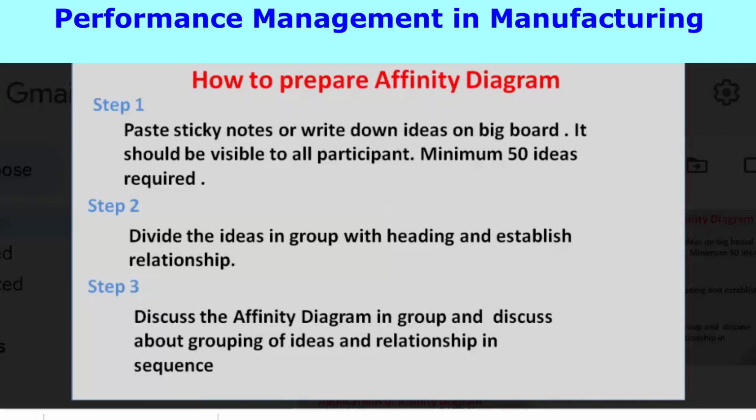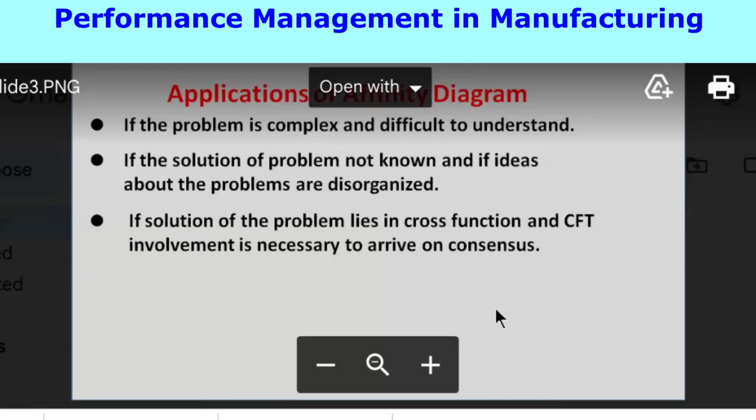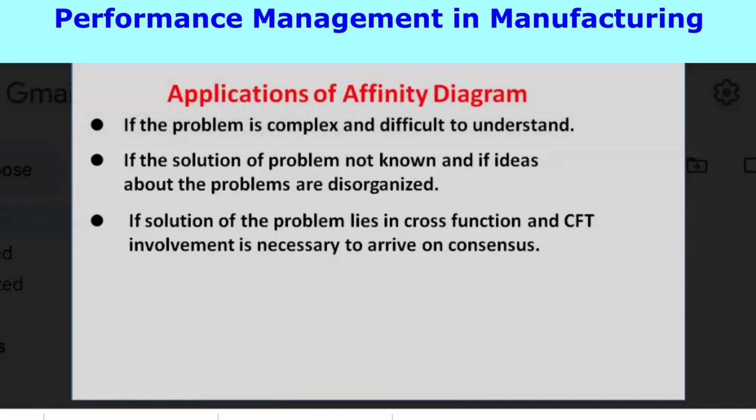So you will understand the sequence in which the process is performed and what the interrelationship of these ideas is. In this way you can generate the ideas, group them, and interrelate them. These are the three steps of the affinity diagram.